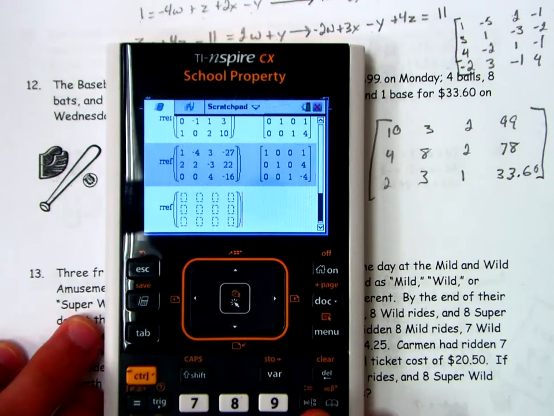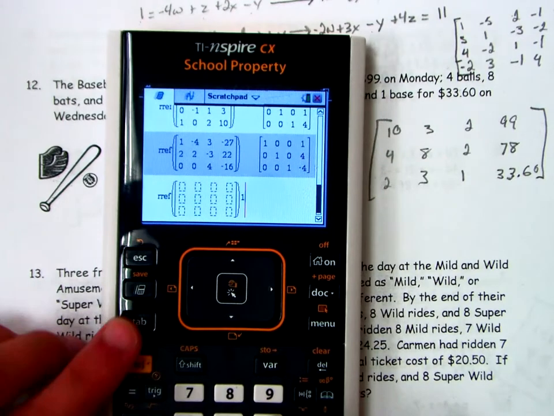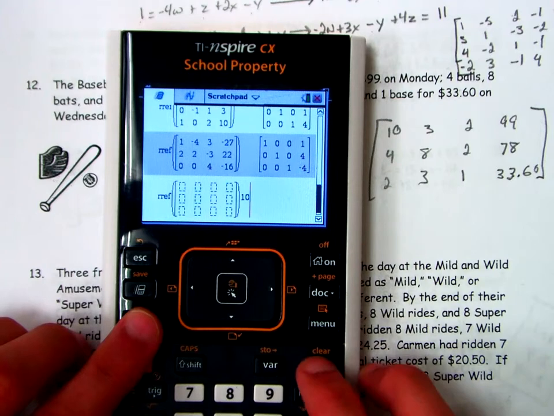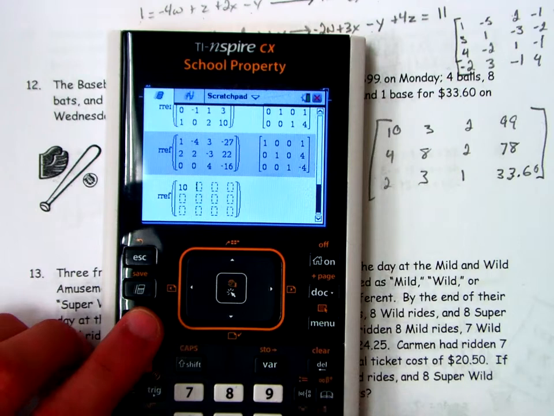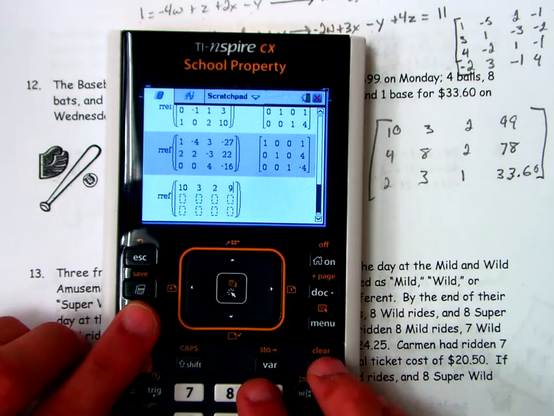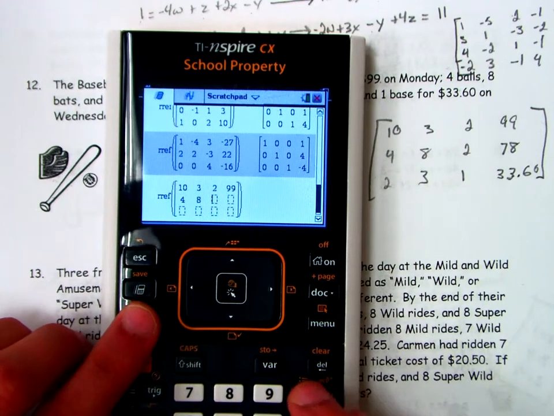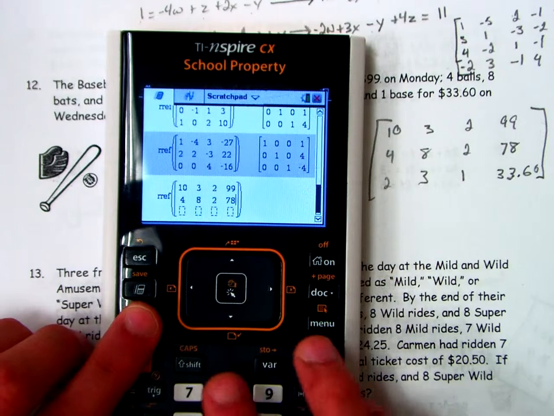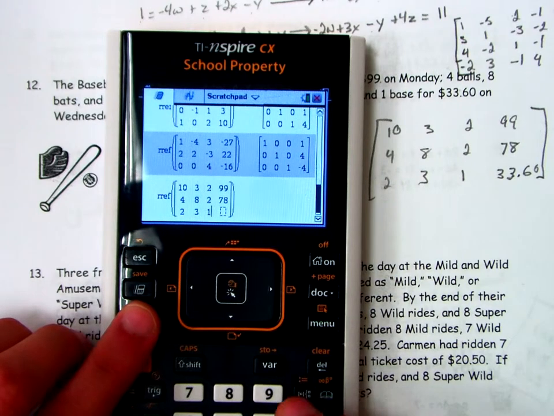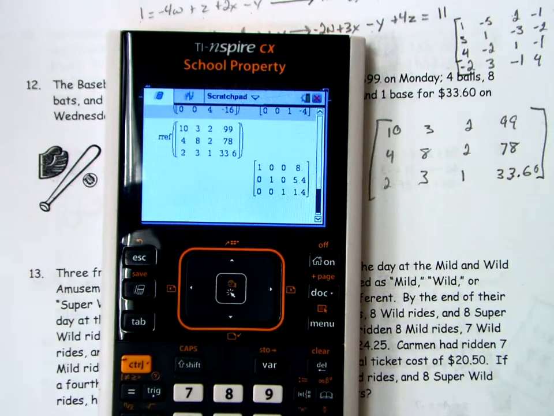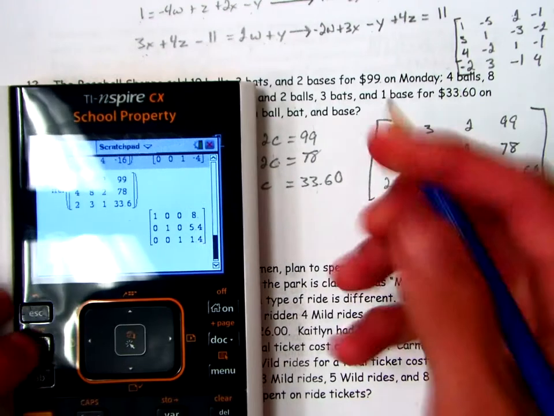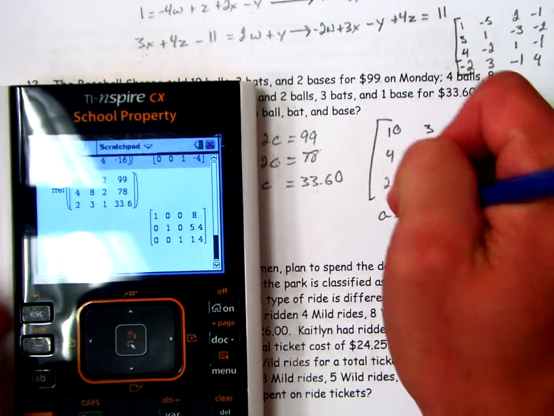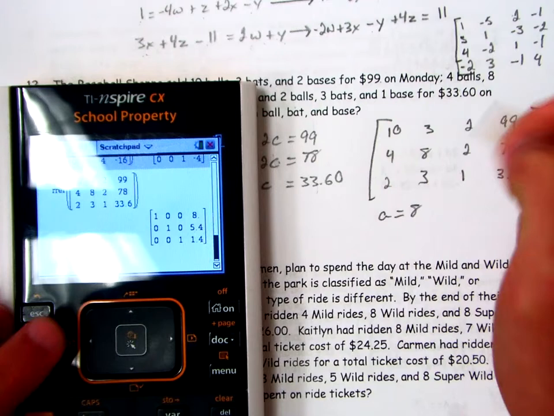So 10, 3, 2, 99, 4, 8, 2, 78, 2, 3, 1, 33.6. So there's my matrix. Now I'm going to go ahead and plug it into the calculator and get my answer.